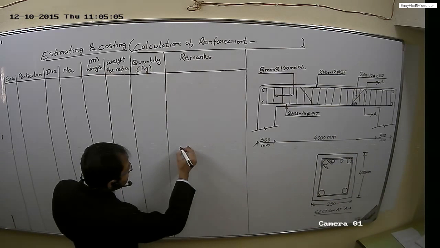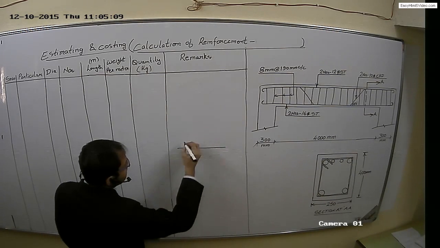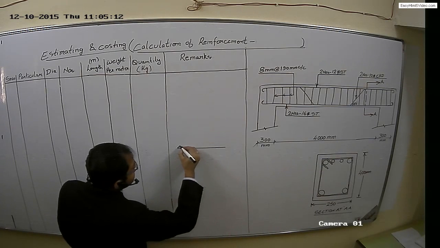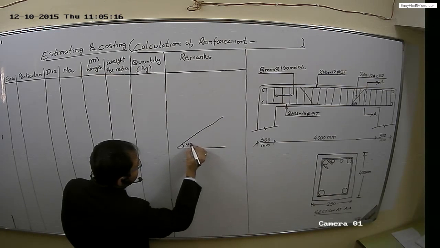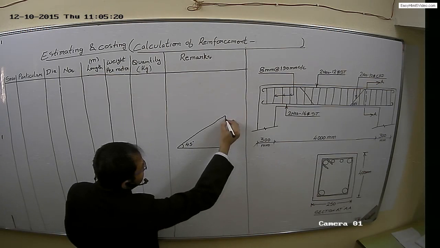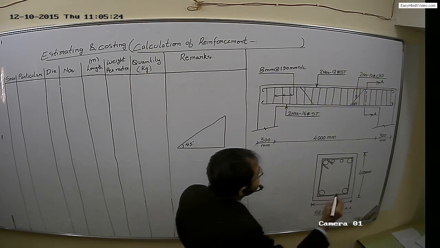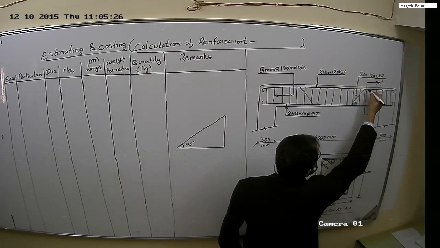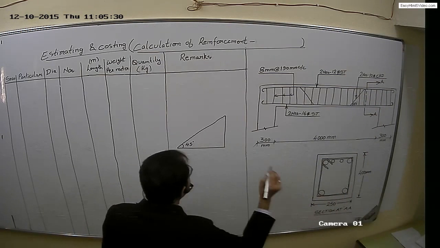So this is a crank which is making angle 45 degree with the bottom. Let us assume a distance from this top reinforcement to this bottom reinforcement as D.